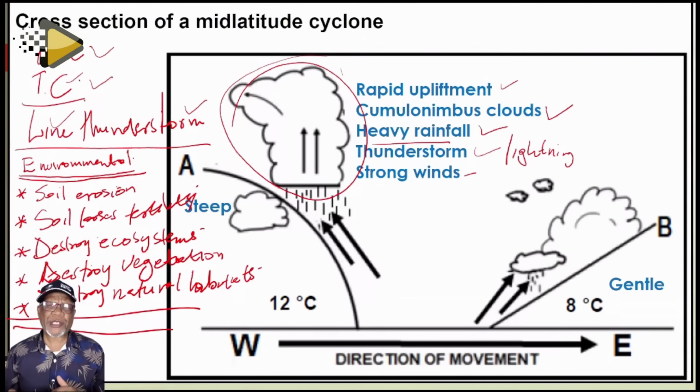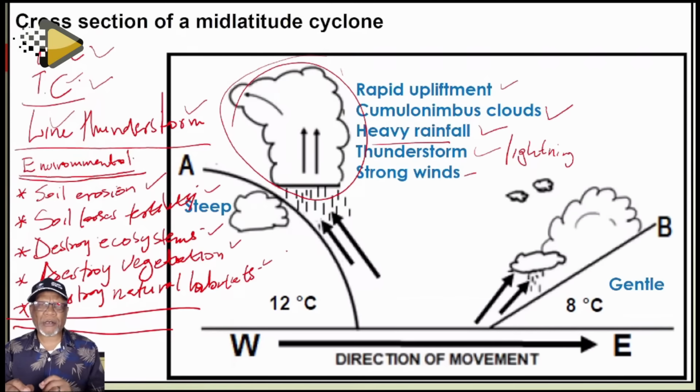If you get a question that says, explain the impact of a mid-latitude cyclone on the natural environment, these are the impacts that you give, because the clouds are cumulonimbus clouds.